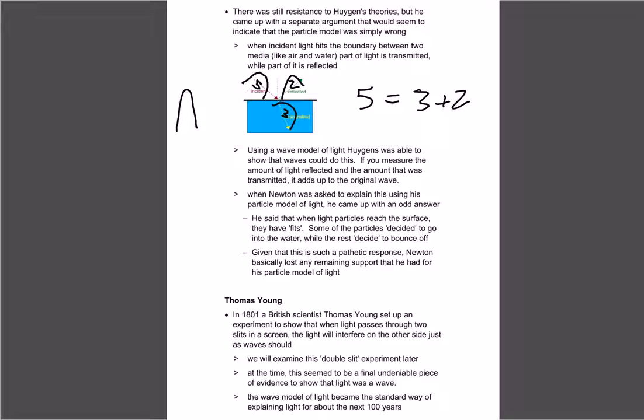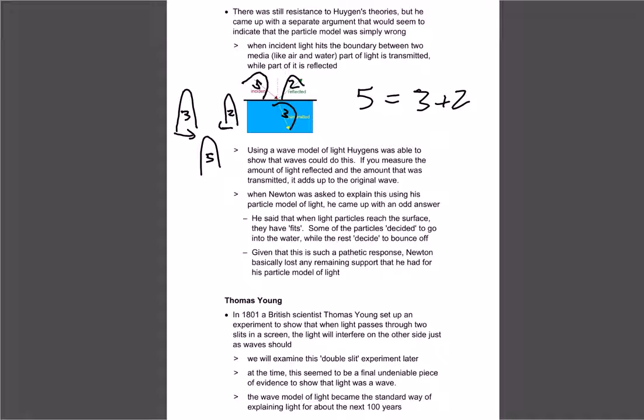So if you remember in Physics 20, if we had a wave of 3 and another wave of 2 approaching each other, they would join for a wave of 5 and then break back up into the 3 and 2. So he was saying it did the exact same thing when he did this with light, so therefore it had to be a wave. They then approached Newton to explain how that worked, and Newton came up with a pretty lame explanation. He said that the particles coming in hit the water.